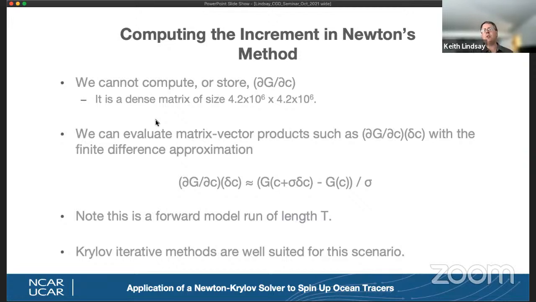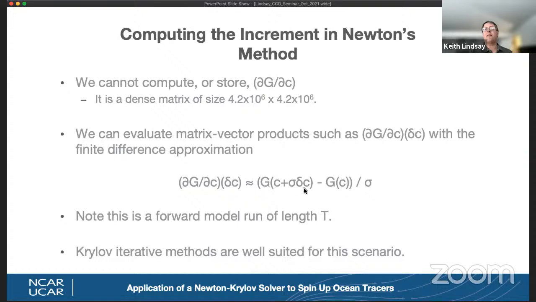But what we can do with that matrix is matrix vector products. The way that we do that is that the matrix times a vector, which we think of as an increment in tracer, is a forward finite difference approximation. So if you think of the derivative as dy over dx, then if you multiply that by dx, you get dy from a 1D point of view.